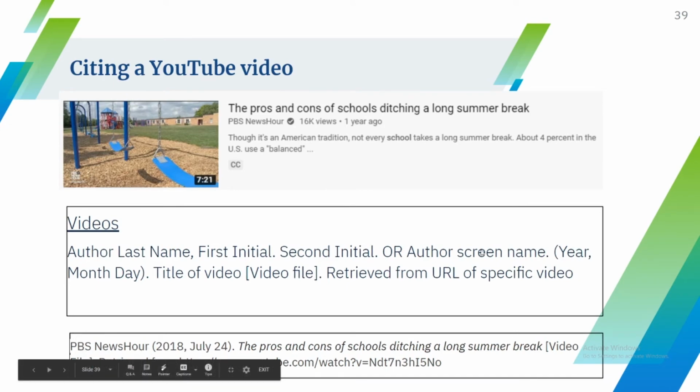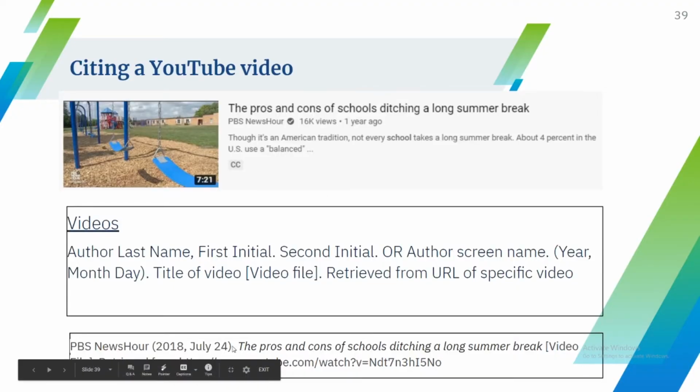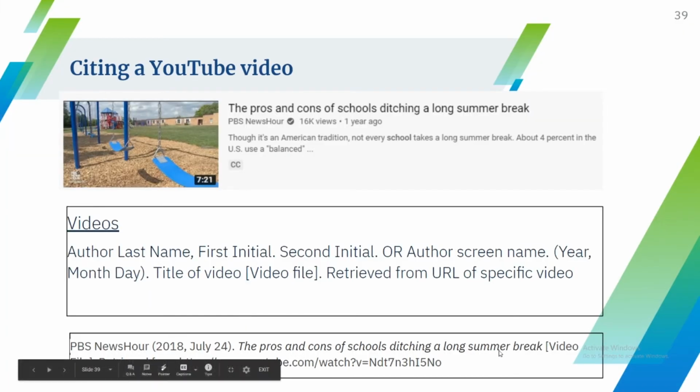I then need the year, month, and day that this was published. So I've got 2018 is the year, July is the month, 24th is the date. So I've got all that, 2018, comma, July 24th in parentheses. Then I need the title, so I'm just going to copy and paste into the title there.